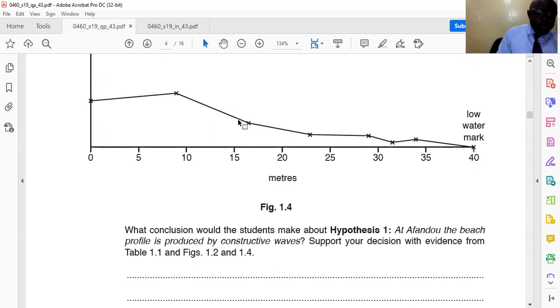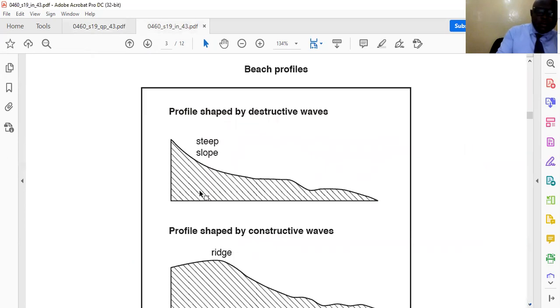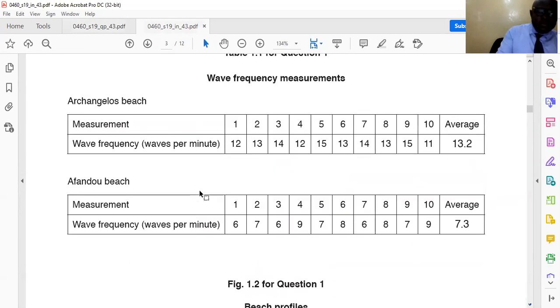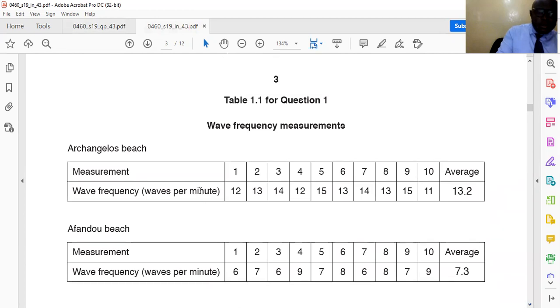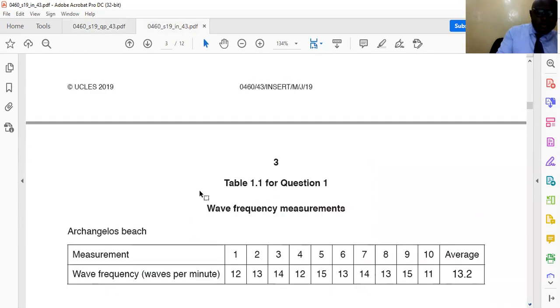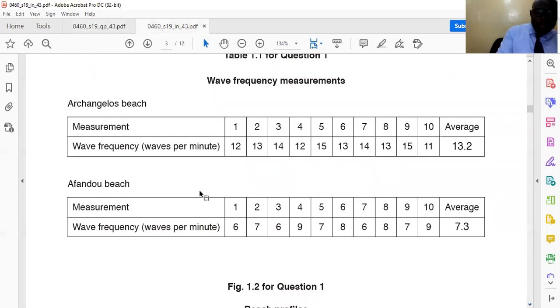As you can see, the average wave frequency per minute is 7.3. That's if you go back and check the table that we checked earlier, for Afadu beach it is 7.3, while here is 13.2 for destructive waves.